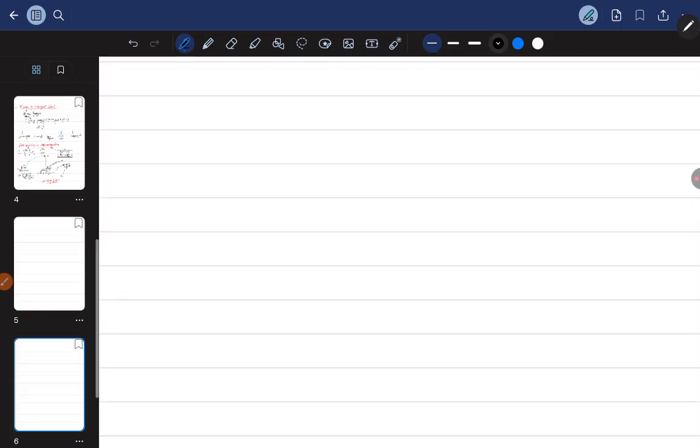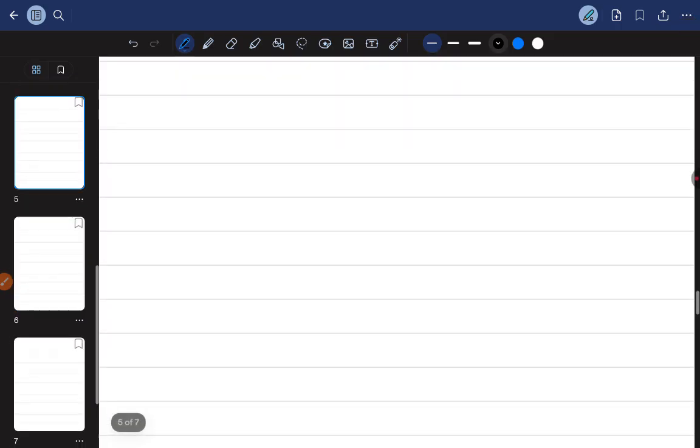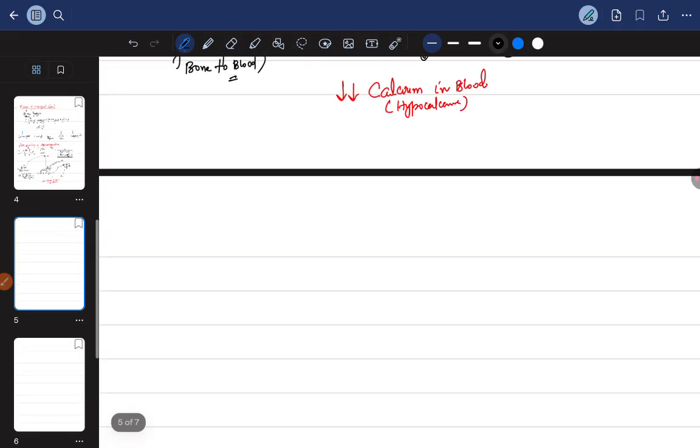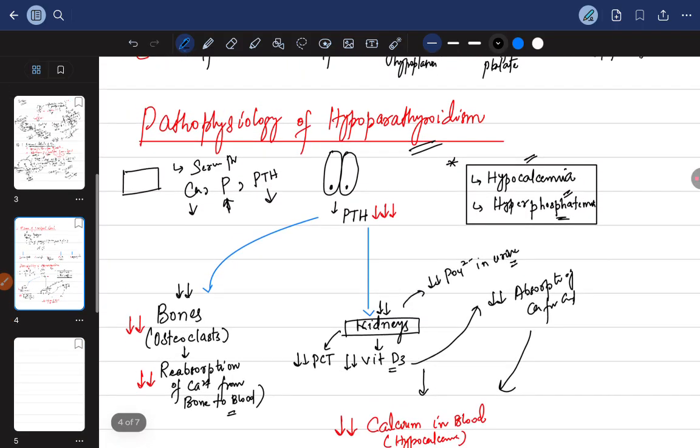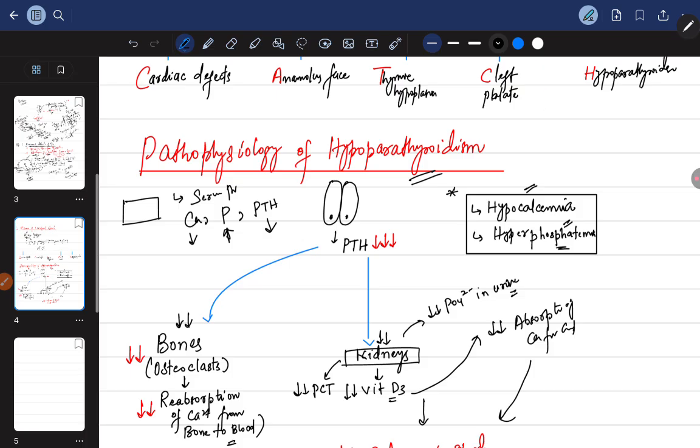So this is the pathophysiology. Okay, now, so what you got? In hypoparathyroidism, there will be hypocalcemia, there will be hyperphosphatemia, and there will be decreased PTH.